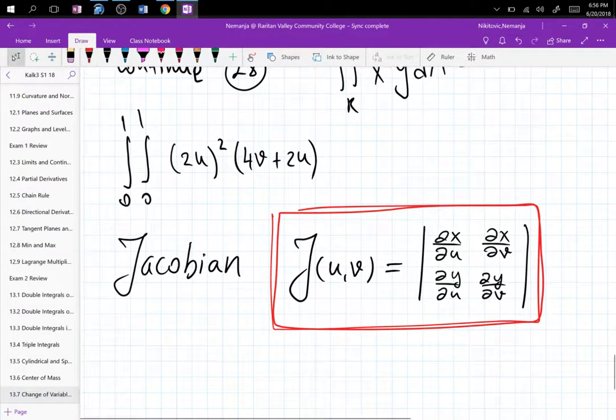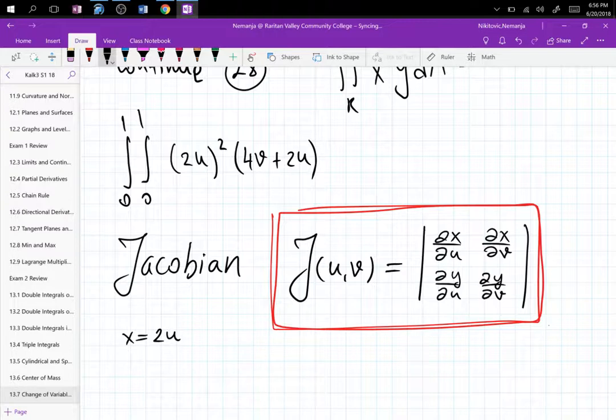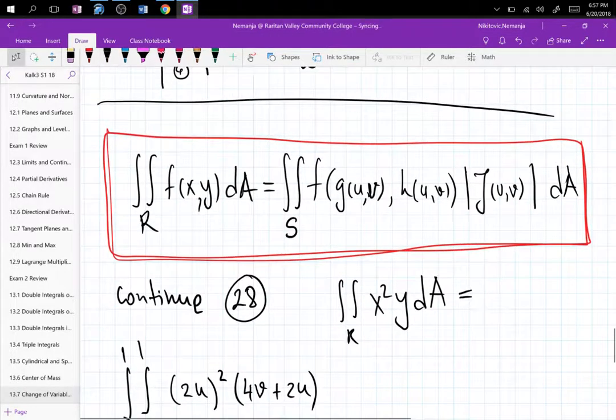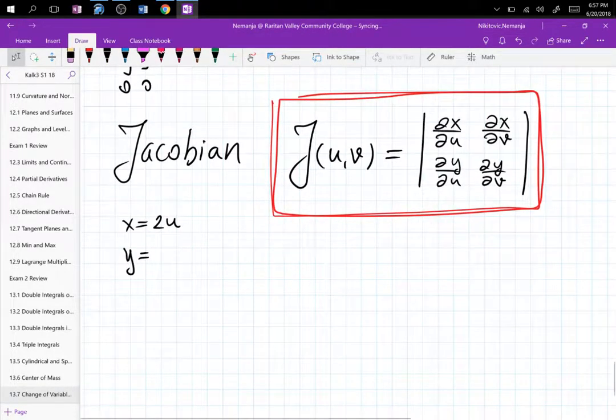I know my transformations: x is equal to 2u, and y is equal to 4v plus 2u.